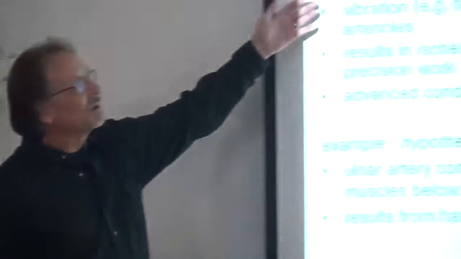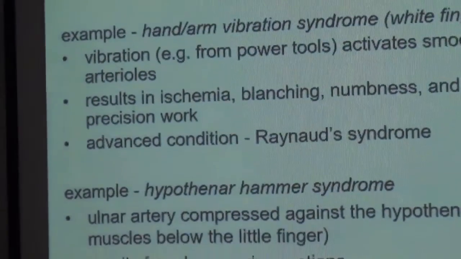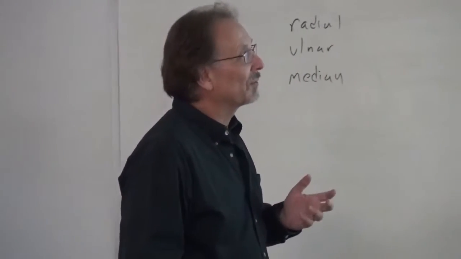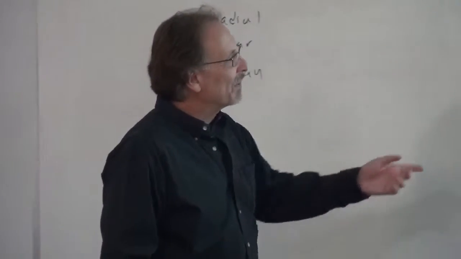Hand-arm vibration, that's also called white finger. Okay? And there's a congenital condition called Raynaud's, which many people suffer, which doesn't come from occupational sources. When it's occupational, it's usually called white finger. That's vibration, and working in cold, that sort of thing. Hypothenar hammer syndrome.